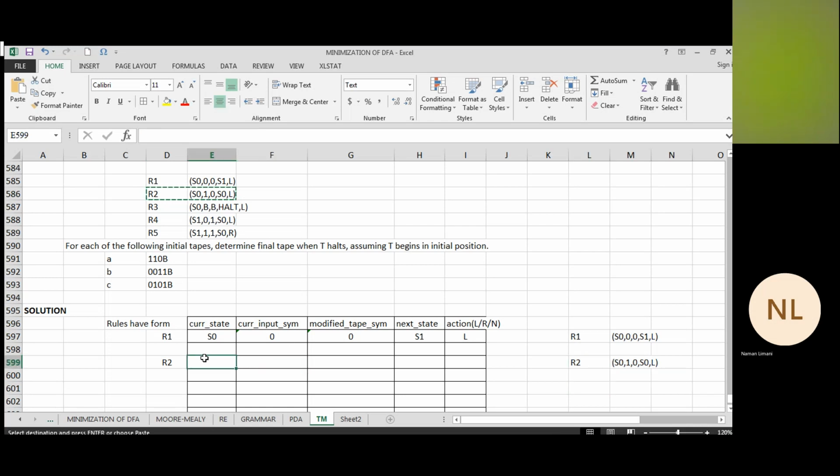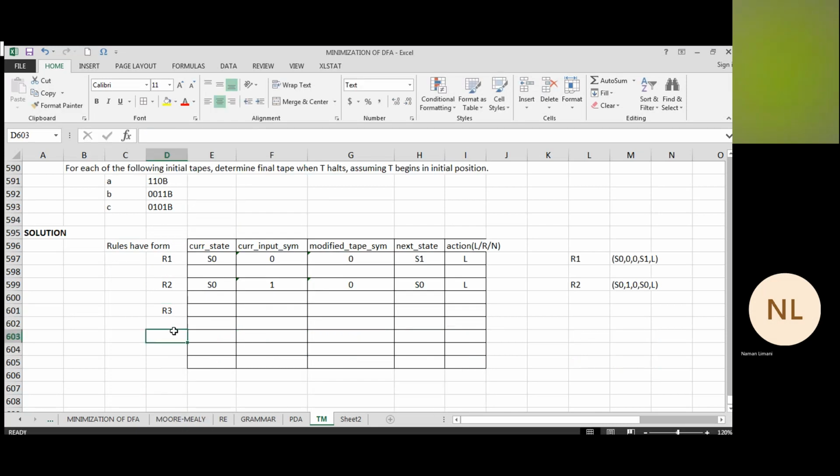S0 is the current state, 1 is the current input symbol which is modified as 0. Next state it is giving is S0 and action taken is move to left by 1 cell. In the similar manner, include R3, R4 and R5.